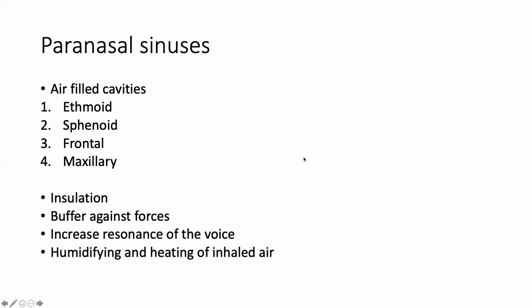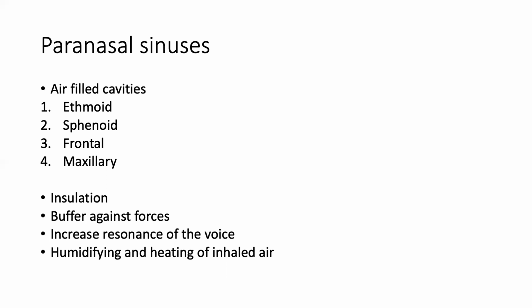And now I was talking about the paranasal sinuses. Paranasal sinuses are air-filled cavities which are on either side of the nose. And they are located in the ethmoid bone, sphenoid bone, frontal bone, and maxillary bone. And therefore, they are called ethmoid air sinus, sphenoid air sinus, frontal air sinus, and maxillary air sinus.